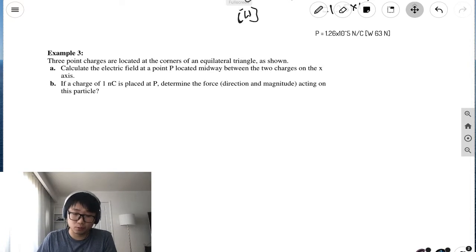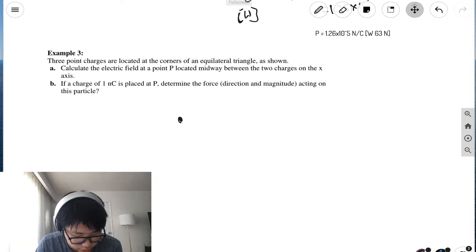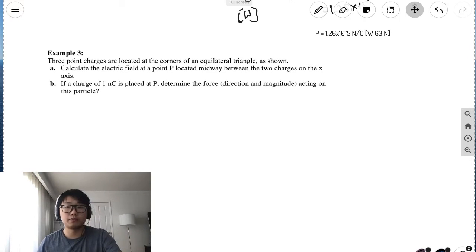So maybe fit one of the lines on the x-axis, because they said calculate the electric field at point P located midway between two charges on the x-axis. Just make one of the bottoms flat.